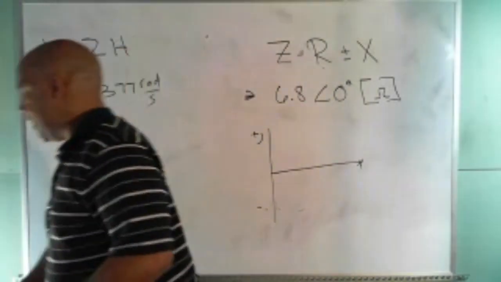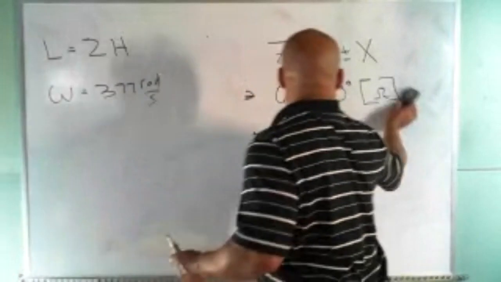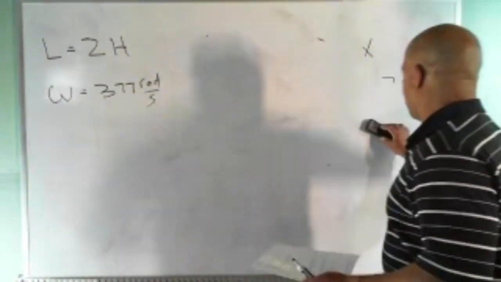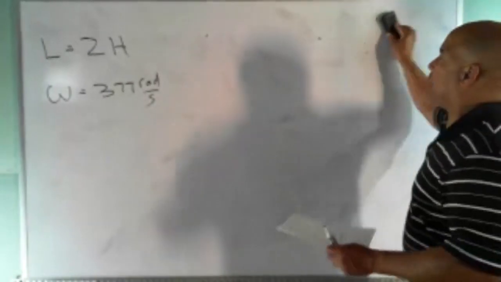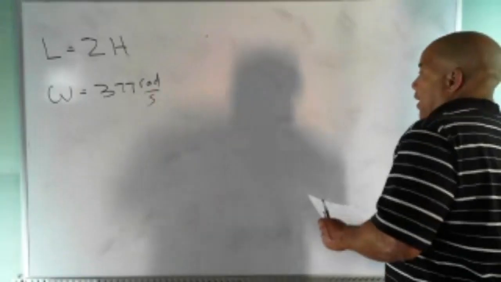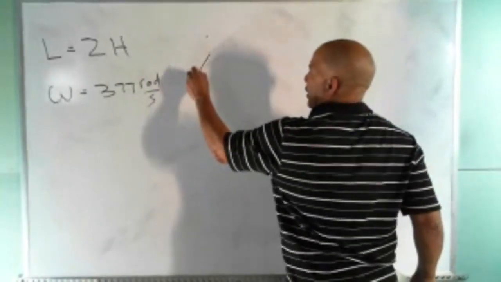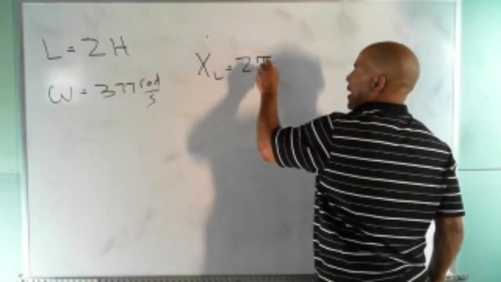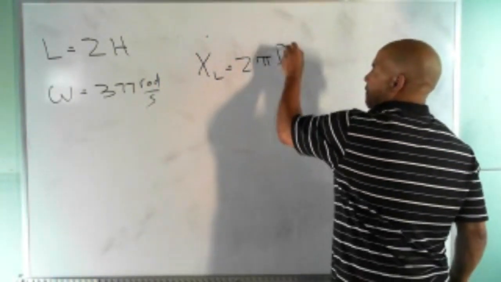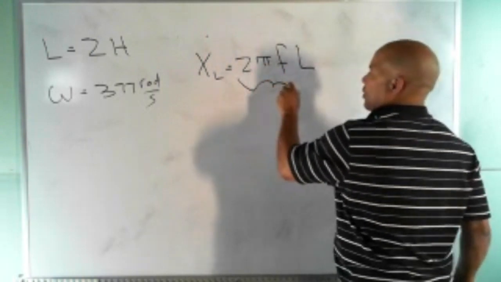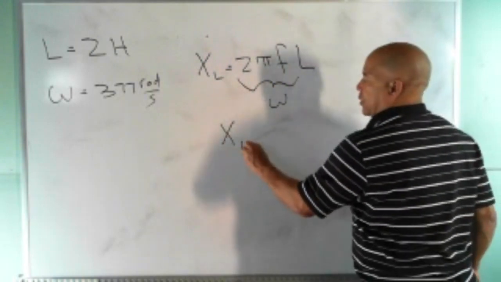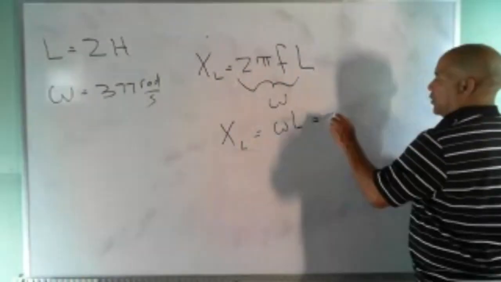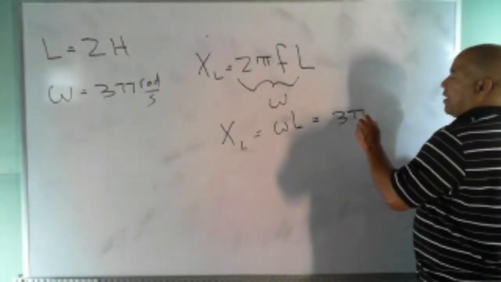All right, so the first thing you would do there is get the magnitude of XL, and that's just the equation XL equals 2 pi f L, but they gave me omega. Remember, that's omega. So XL is really just omega L. They say omega is 377.